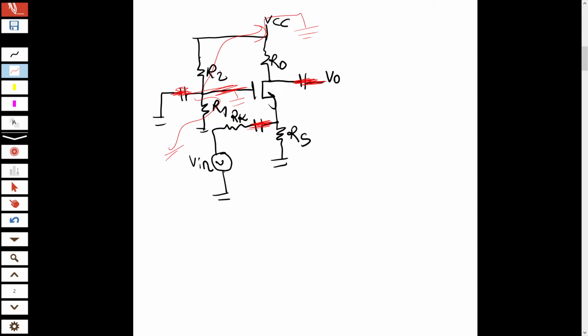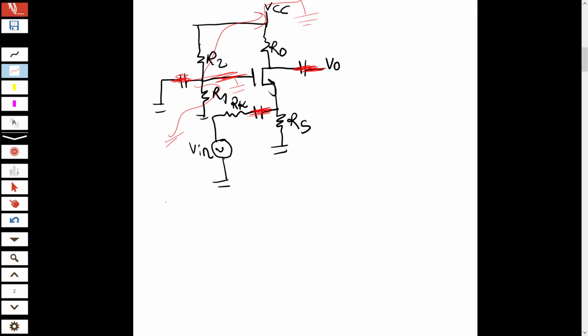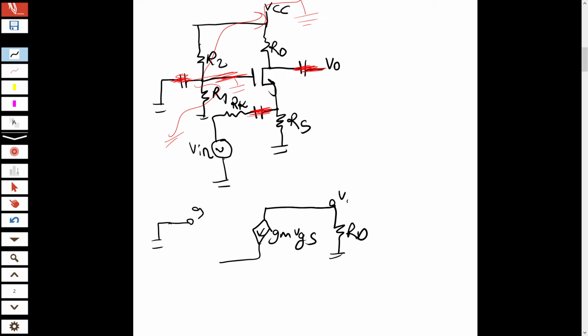Let's draw the AC equivalent of this circuit. The gate is simply grounded, and then there is the source resistance here, V input, and RK.